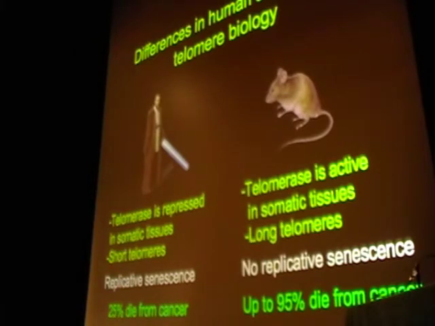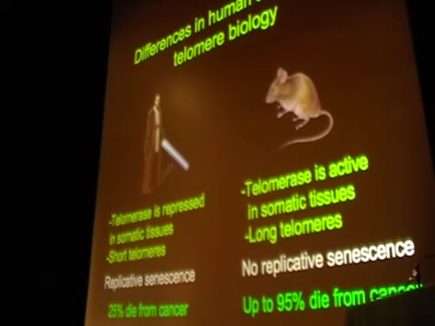So what we were interested in was to test whether indeed evolution of replicative senescence and repression of telomerase is related to lifespan, if all species evolve this tumor suppressor mechanism.